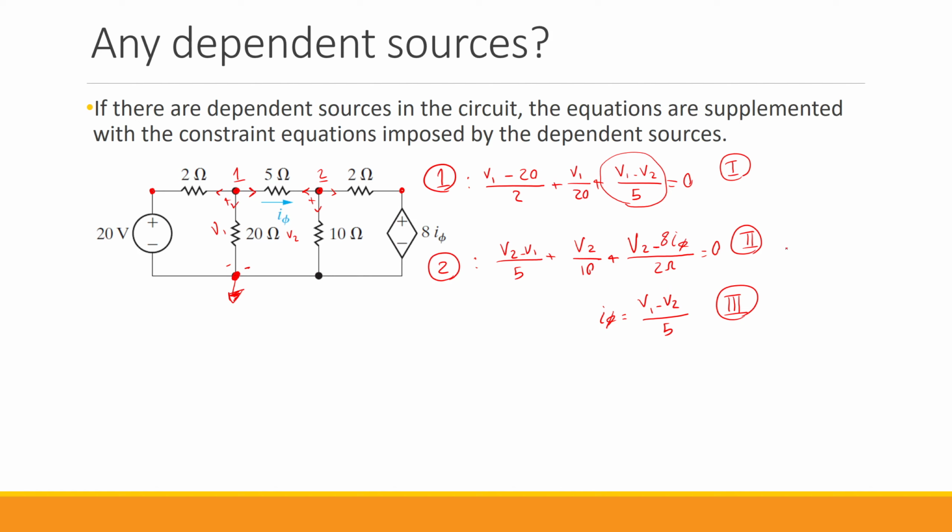Based on this, we can update equation 2. So we have now V2 minus V1 over 5 plus V2 over 10 plus V2 minus 8 times V1 minus V2 over 5, all over 2, equals 0.